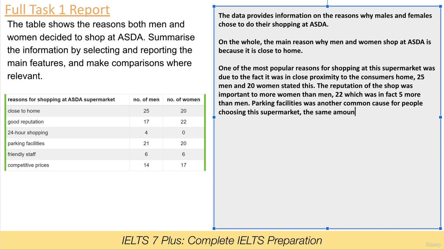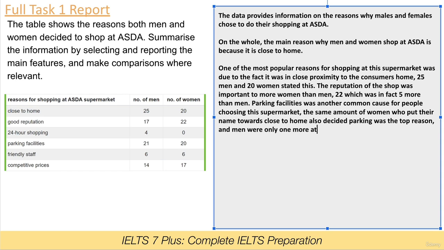The same amount of women who put their name towards close to home also decided parking was the top reason, and men were only one more at 21.